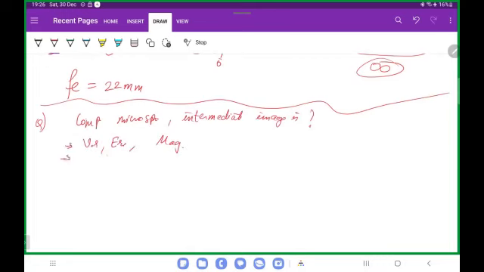Second option, real, erect, magnified. Third one, real, inverted, magnified. Fourth one, virtual, erect, reduced. What could be the correct option?